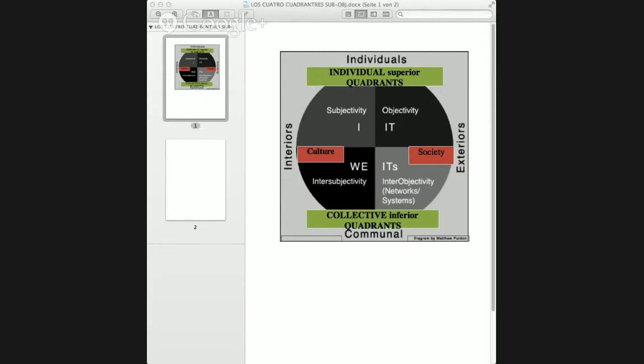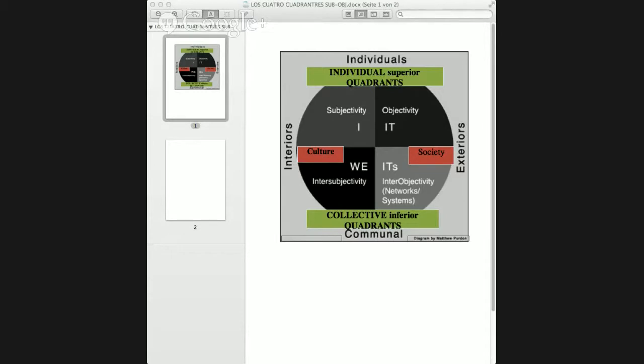Everything that is interior is inside of my head or inside of my sensations or inside of my body, in the sense that it's something that cannot be seen or open to the vision of anyone. It's just mine. That's why this subjectivity has the I. So upper left quadrant, we say it's the individual interior.